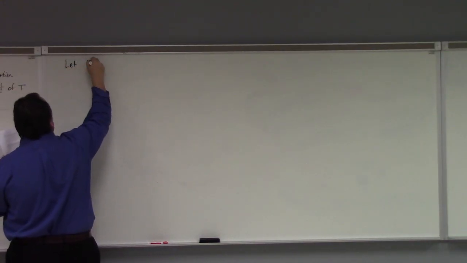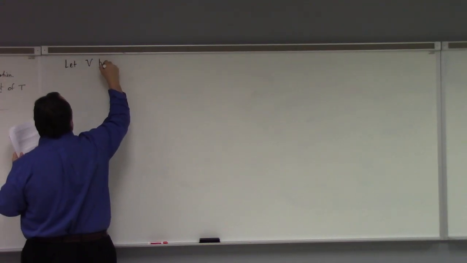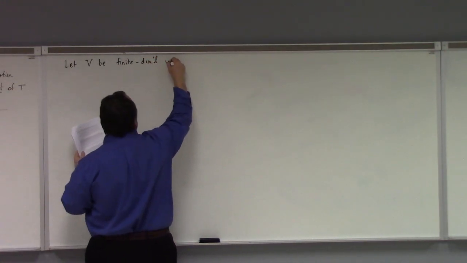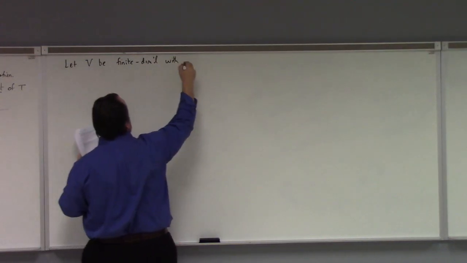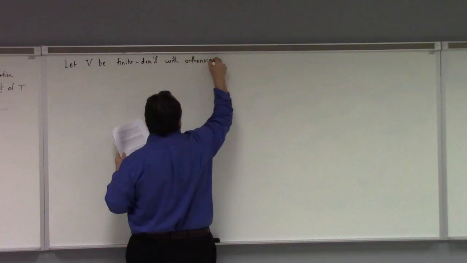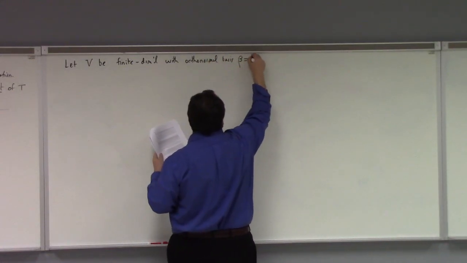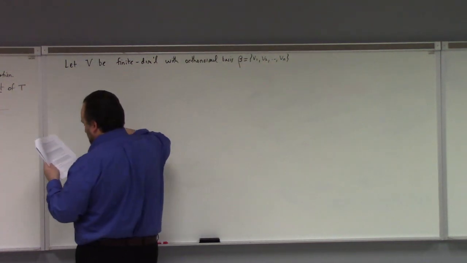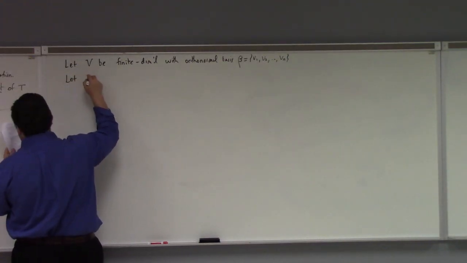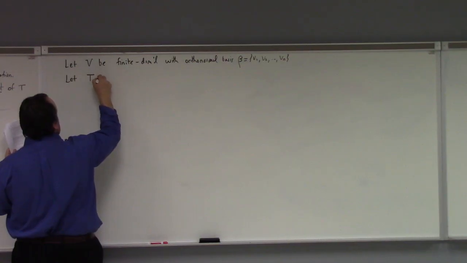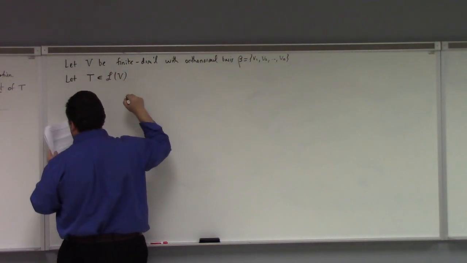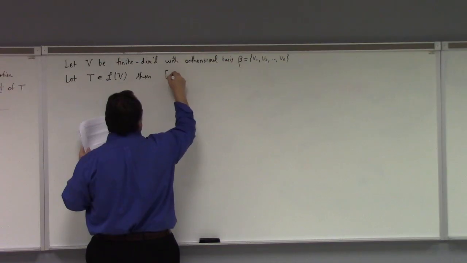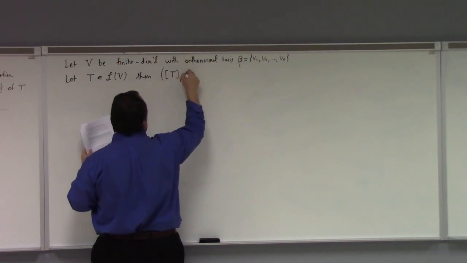Let V be finite dimensional with orthonormal basis beta, V1, V2 through Vn, as usual, and let T be a linear transformation on V. Then remember we found that the ijth component of the matrix of T with respect to the beta basis is what?